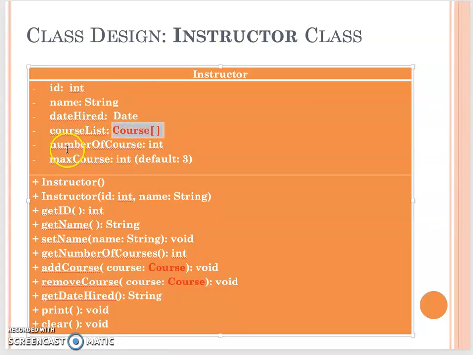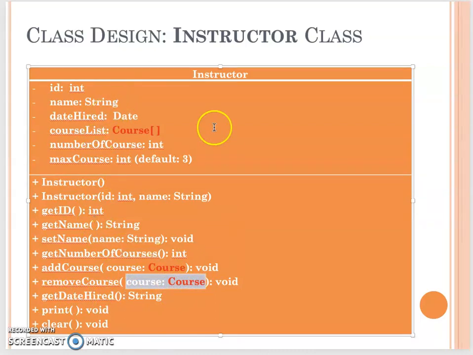So then maybe you can have a maximum number of courses if they have one. Otherwise, you just need to see how many courses, because sometimes maybe they don't have the maximum. Then you have your instructor constructor function. You have get ID, name, and add a course, remove from the course. When you add a course, you pass in the course object. When you remove the course, you pass in the course object.